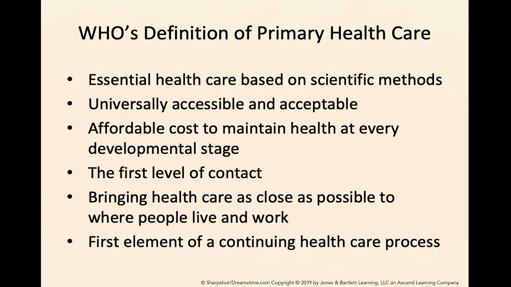And to achieve continuity of care, it should be affordable so that it can maintain health at every developmental stage, meaning a continuum of a patient's life. And it should also be physically easy to get to so that it can bring health care as close as possible to where people live and work.